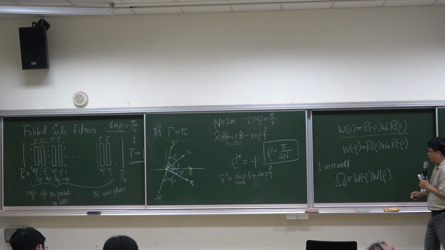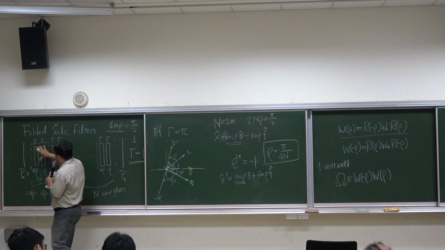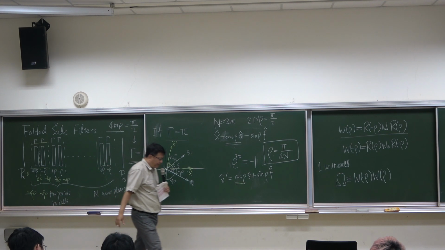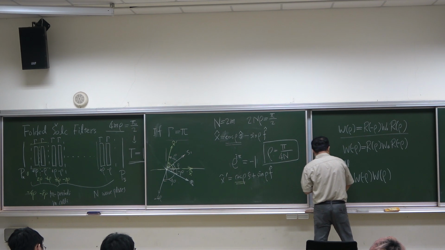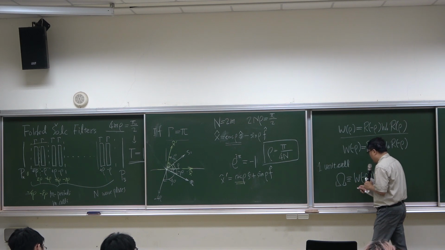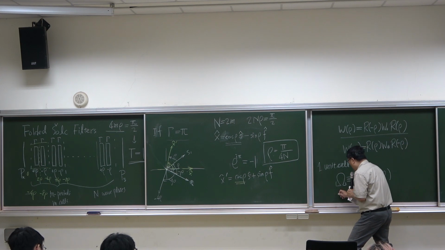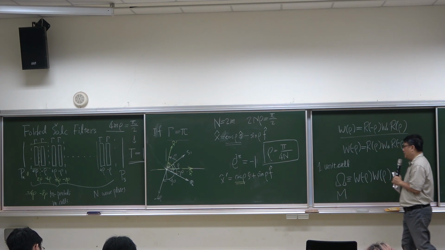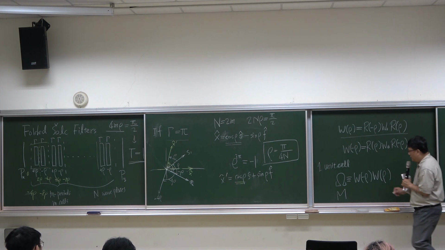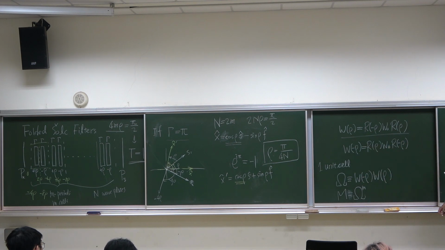Okay, and then finally, the whole structure having m pieces of wave plate or m unit cells, we get the matrix. I denote it as M. The M matrix is equal to the M power of omega.